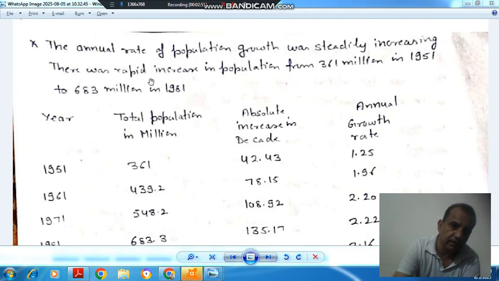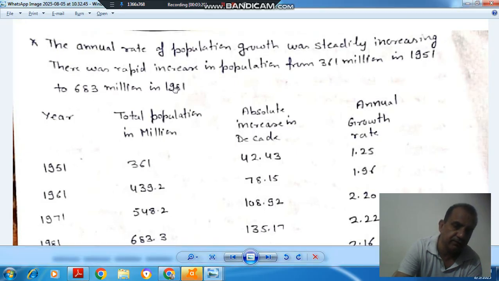There was a rapid increase in population from 361 million in 1951 to 683 million in 1981. So here the annual rate of growth of population is discussed.